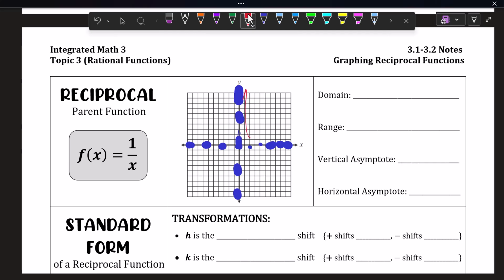So we're looking at something like this, and it kind of wraps around the origin there. That's kind of our center.